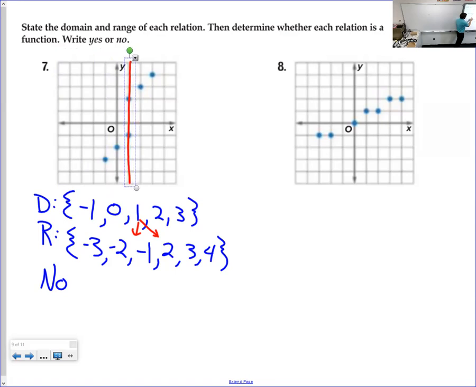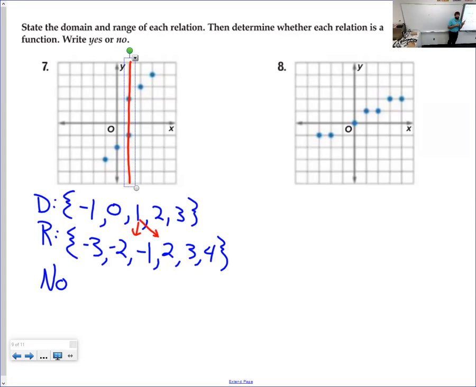And if I had a slightly better line, it would be even clearer. But I hit this point, and at that point, my vertical line test fails, right? It fails because at one spot, it goes through 2 different points.